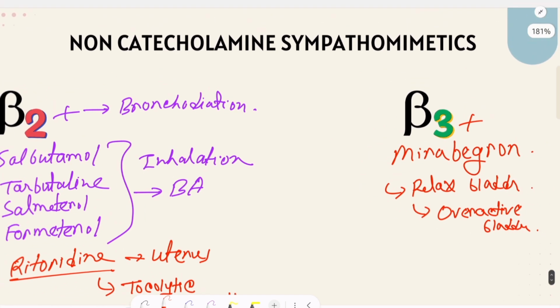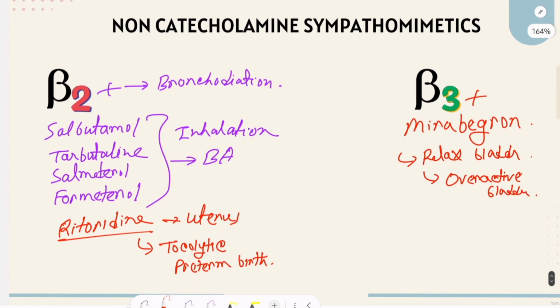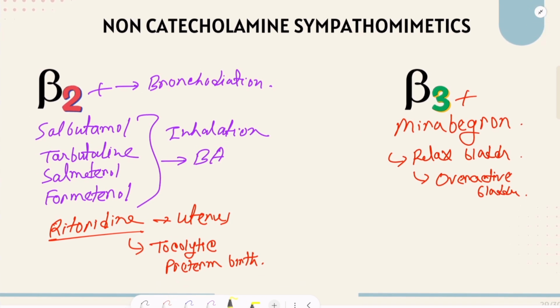So, quick recap for non-catecholamine sympathomimetics. The beta-2 receptor agonists are salbutamol, terbutaline, salmeterol, and formoterol. As beta-2 receptor stimulation causes bronchodilation, it is used in bronchial asthma, and the route is inhalational.